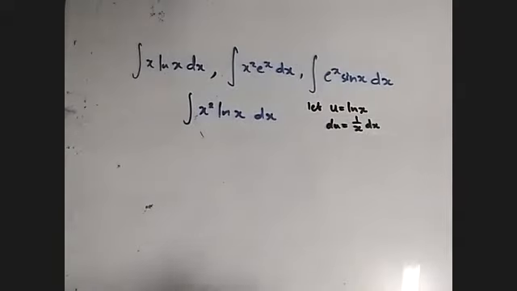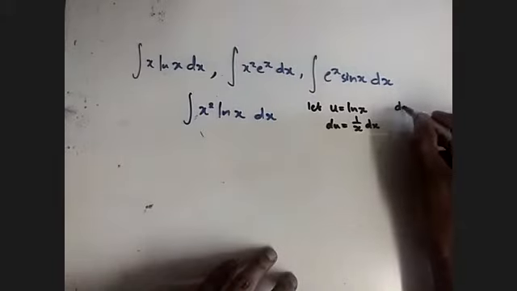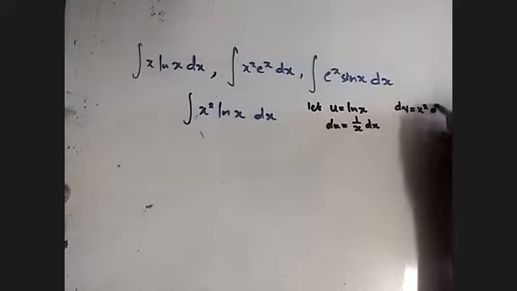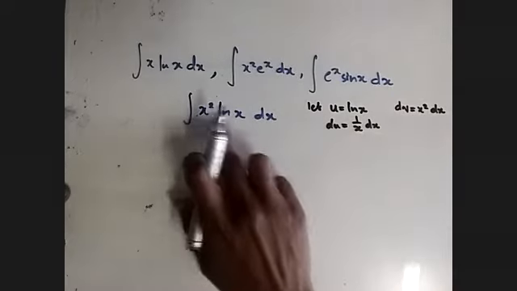And then the second part is what? My dv. My dv is everything that is left, which is x squared dx. Everything that is left is x squared.